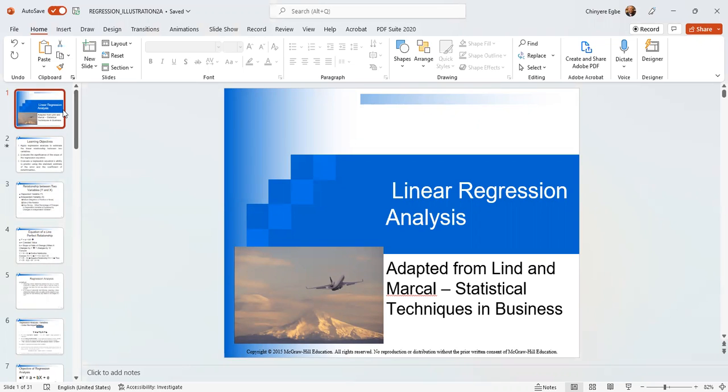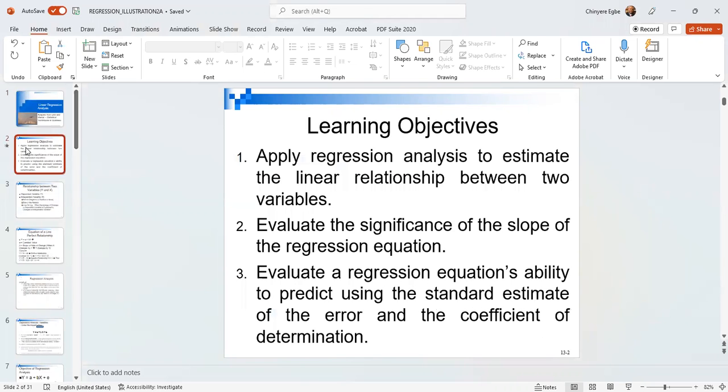This is simple linear regression. And like I said, today we're going to apply regression analysis to estimate the linear relationship between two variables, okay? We will also evaluate the significance of the slope, which is to say, is there truly a relationship?